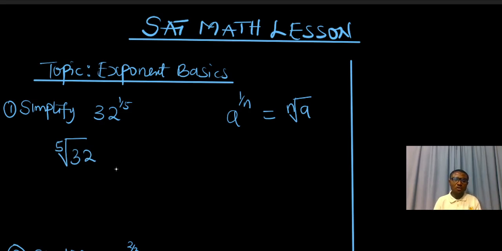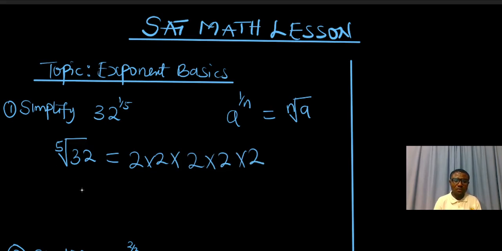The fifth root of 32 is that number you can multiply by itself 5 times to give you 32, and that number is 2 times 2 times 2 times 2 times 2, right?